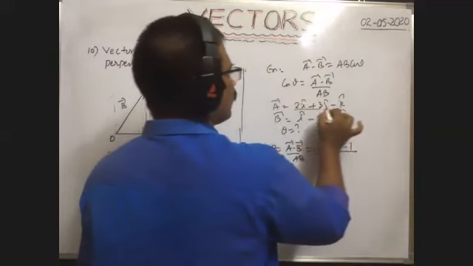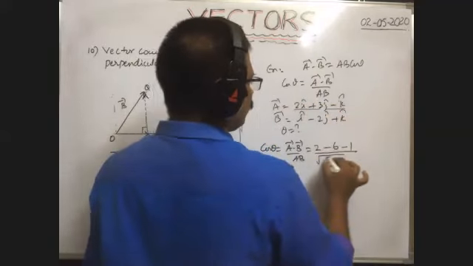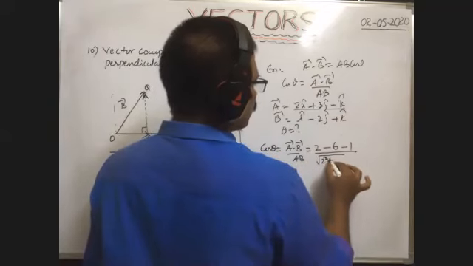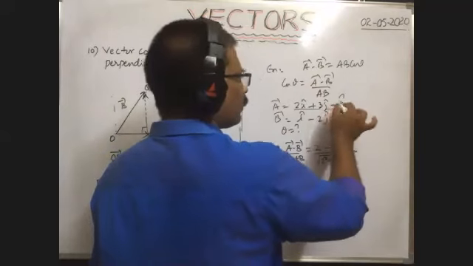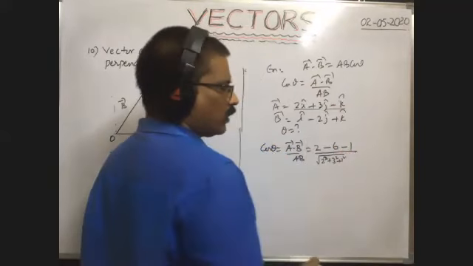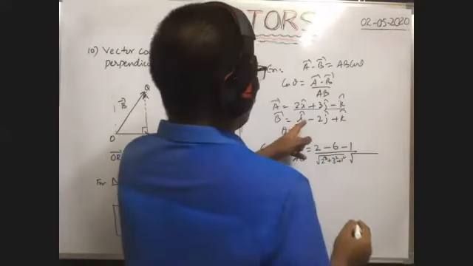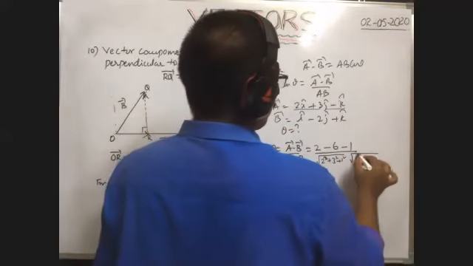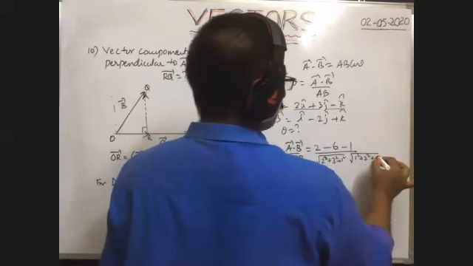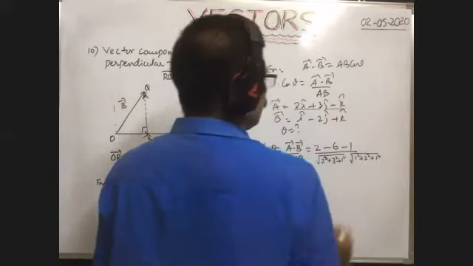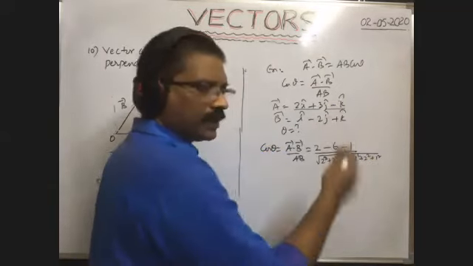The magnitude of A bar is square root of 2 square plus 3 square plus 1 square, because the coefficient of k is 1. Even if you write minus 1 or plus 1 square, it makes no difference. Into the square root of the magnitude of B bar: 1 square plus 2 square plus 1 square. Here we can write minus 2 whole square also; you will get the same answer.